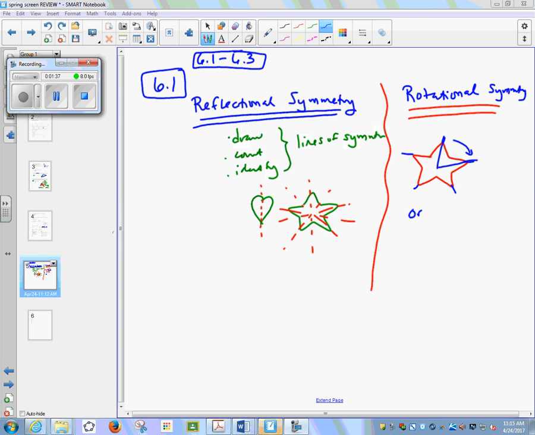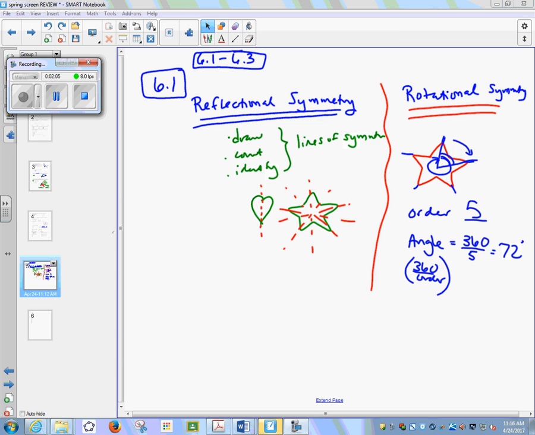So we say it has an order of 5, and the angle of rotation would be 360 divided by the order. Right? So the angle is always 360 divided by the order. That gives you the angle at which this rotates. Since it goes 360 all the way around, that's why we divide by the number of times we rotate it, and we get the angle. So that's pretty much it for 6.1.